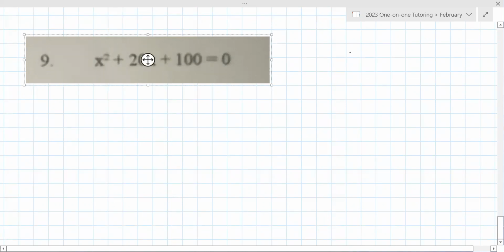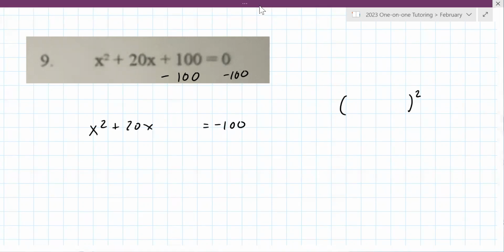And so what I might ask as a student, say, hey, Mr. Teacher, Mrs. Teacher, when I looked at this problem for homework, I noticed that it's already a perfect square trinomial. Can I just factor it? Or do you have to do the thing we did in the last problem, which is move the 100 to the other side of the equation, and then fill in the boxes?